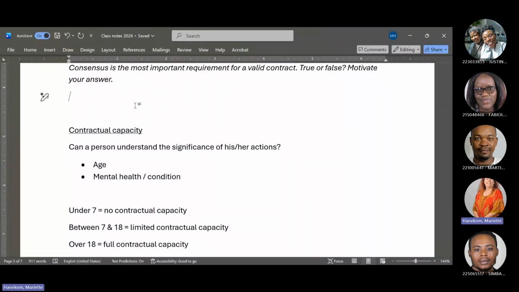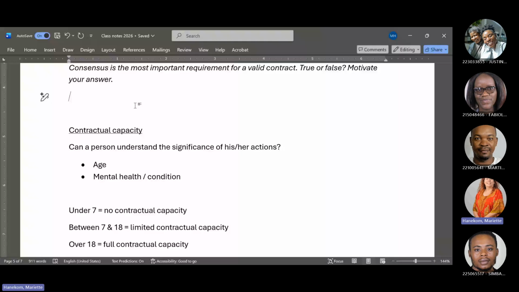And of course, you can only truly agree if you understand the significance of your actions, if you truly understand what the consequences can be or are going to be. So contractual capacity, then, is the ability to understand the consequences of your actions, the consequences of this contract.